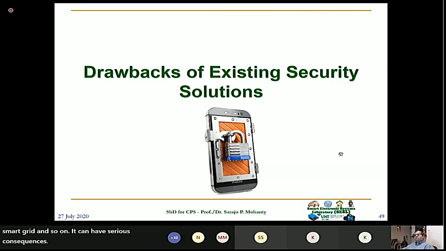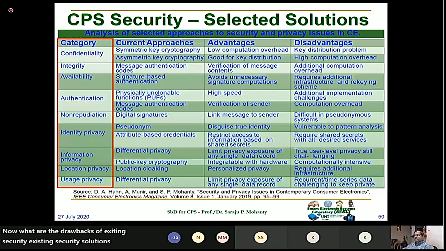Now, what are the drawbacks of existing security solutions? We know a variety of security issues are there: confidentiality, authentication problems, and others, and there are some solutions. People have been working on them; it's not like one day we solved all the problems. We have solved to a certain extent.